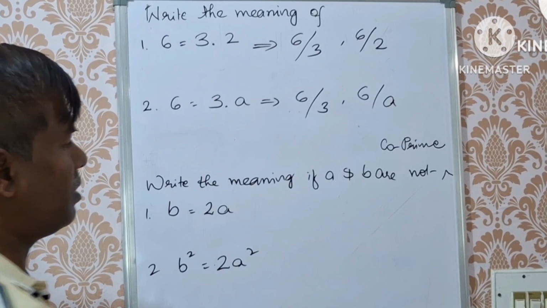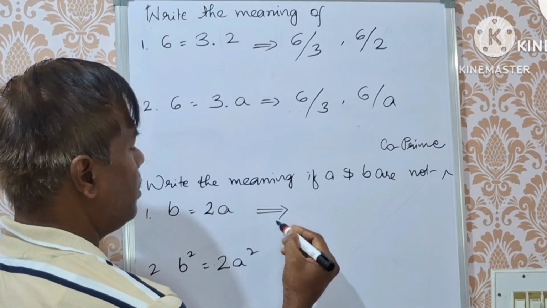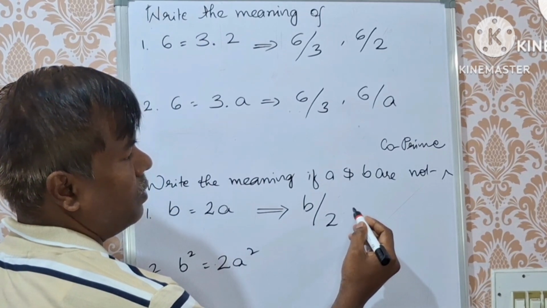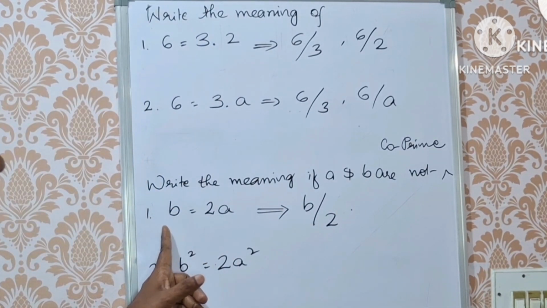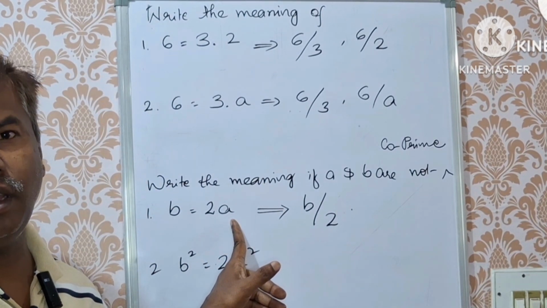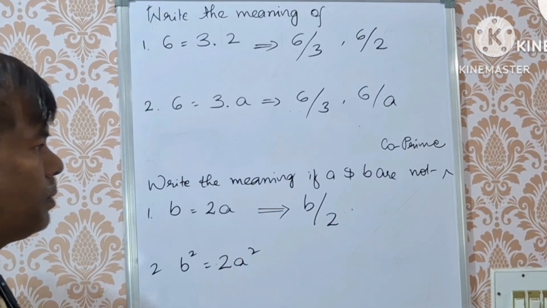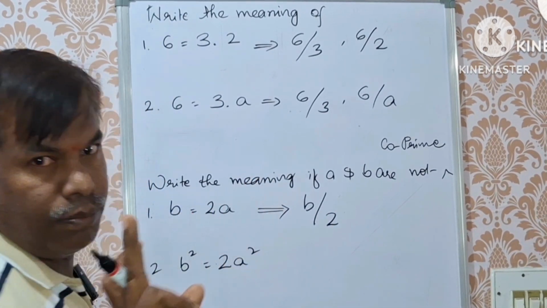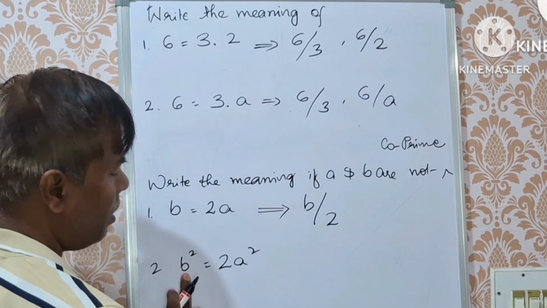Write the meaning of this: b equals 2a, if 2 and a are co-prime numbers. These two are co-prime numbers. So what is the meaning of this? b is divided by 2, but b is not divided by a because they are co-prime numbers. That means the only common divisor of 2 and a is 1 only. What is the meaning of this?